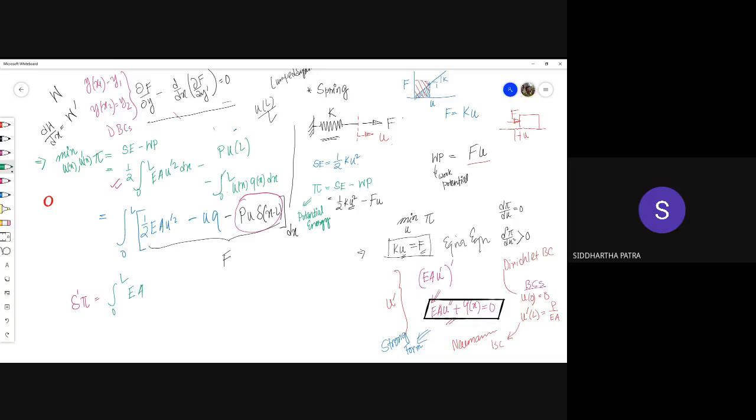If I take the derivative of this thing with respect to u prime, you can imagine, if I consider this to be f, half EA u prime squared, and then if I take the derivative with respect to u prime, the half would be multiplied with 2, so it is going to be EA u prime, and then I need to multiply with the variation of u prime, times dx.